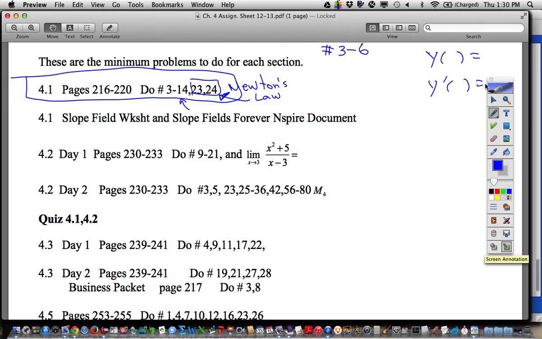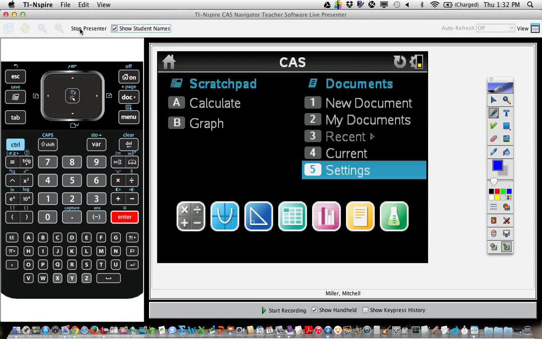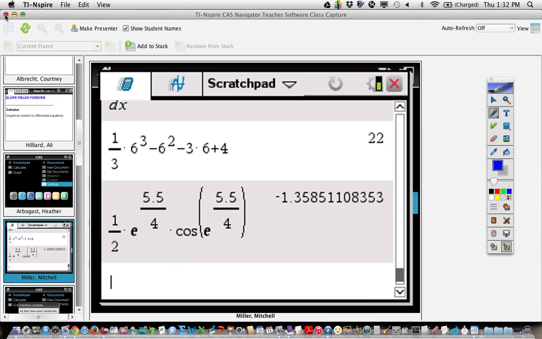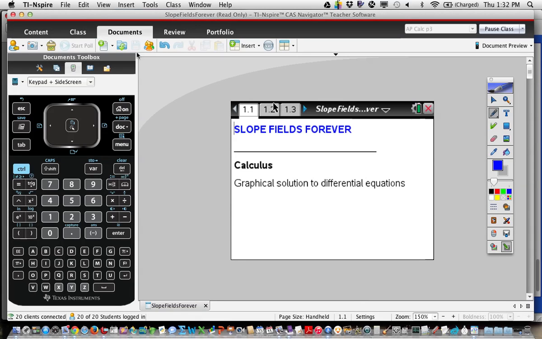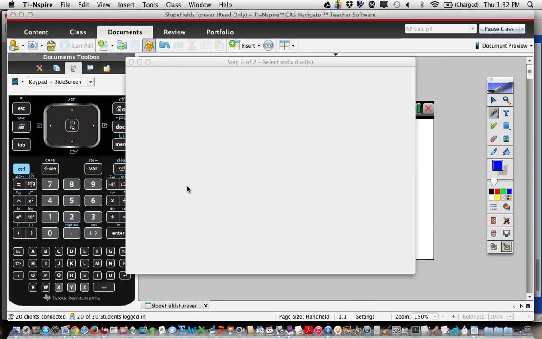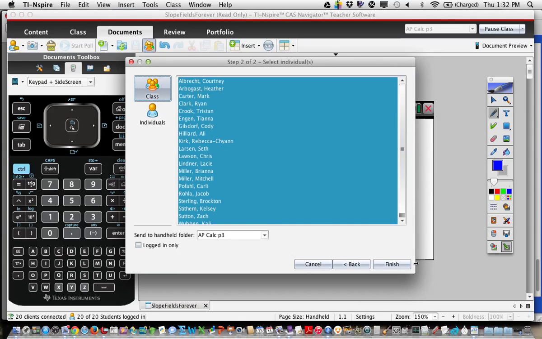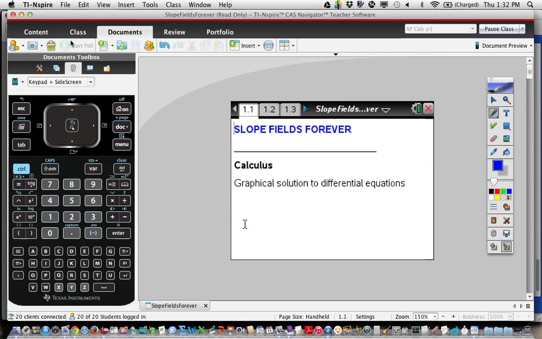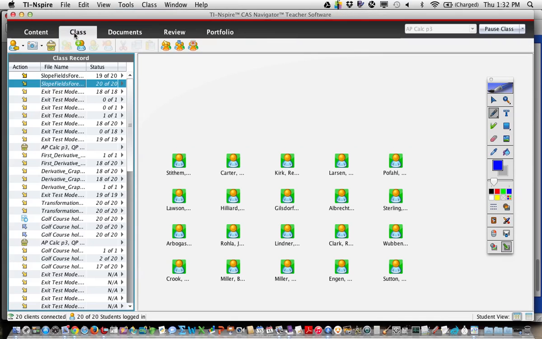So, a couple of cleanup things just because I'll be gone tomorrow. Let me send you this document. I'm going to send this to everybody. So hopefully everybody's logged in. And it looks like it went to everybody. It's called Slope Fields Forever. Did I do that already? Yeah, I did that at the beginning.